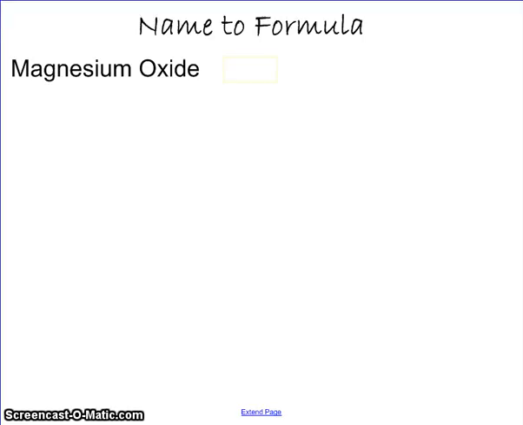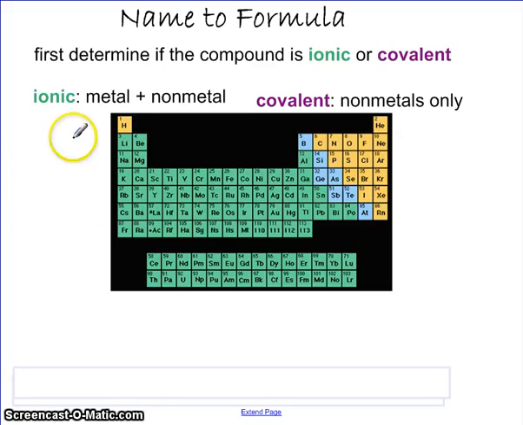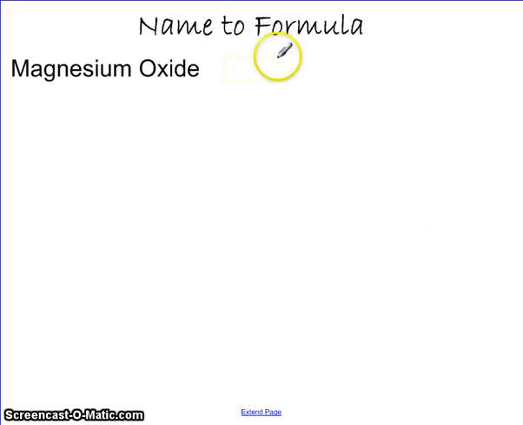Okay. Magnesium oxide. If I look back at the periodic table, magnesium is Mg. Oxide, of course, is oxygen, so this one is also an ionic compound. I'll start off with magnesium. This time magnesium is in group 2, so it has 2 valence electrons.